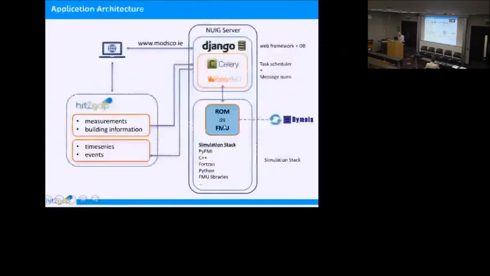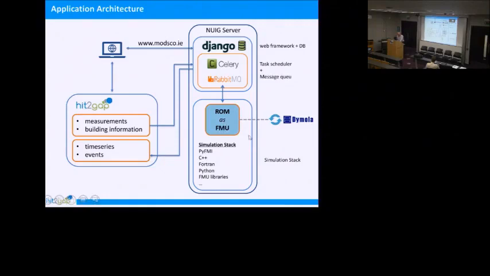Okay. This is the web architecture of the model. The model itself is just a file. It's called functional mockup unit, which is a standard for, let's say, interoperability of models.